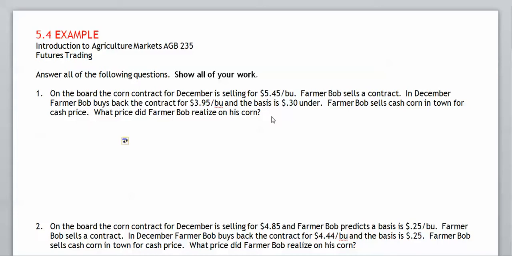Remember, here's what we need to figure out when solving these problems. What we sold futures at, what we buy futures at. From there, we're going to figure gain or loss. And then, from there, we're going to figure our cash price of our corn by looking at the futures price at which we bought.